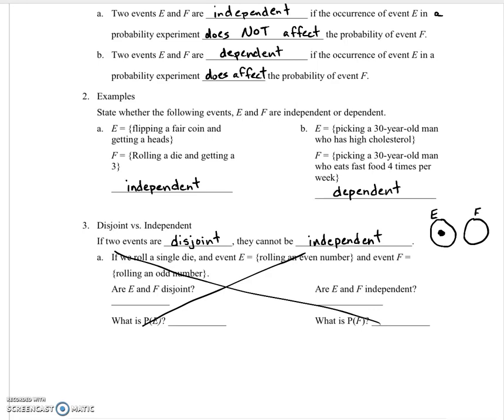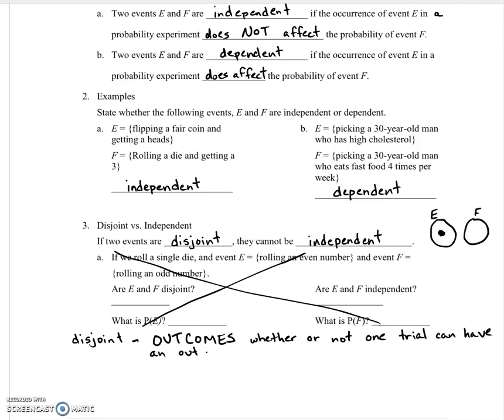What we really need to know is that disjoint talks about outcomes, and whether or not one trial can have an outcome that is in both events.